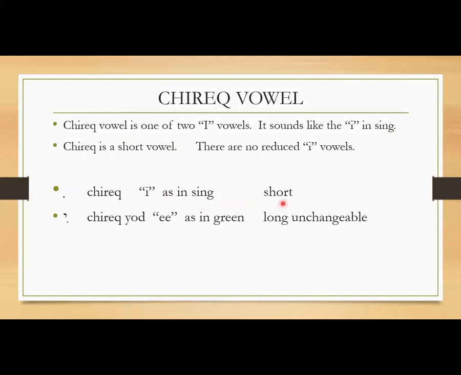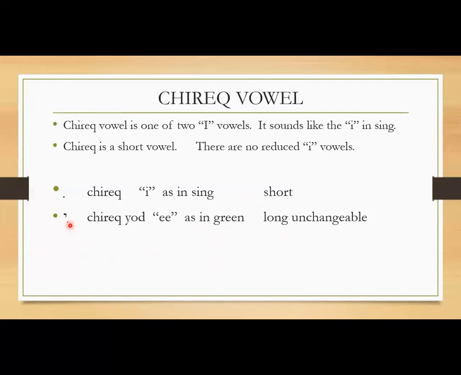It's short. Now, the chirik yud is the diphthong. It goes E. Chirik yud is as in green. You hear it goes on a bit longer. So we call it a long, unchangeable vowel because it is attached to the yud.